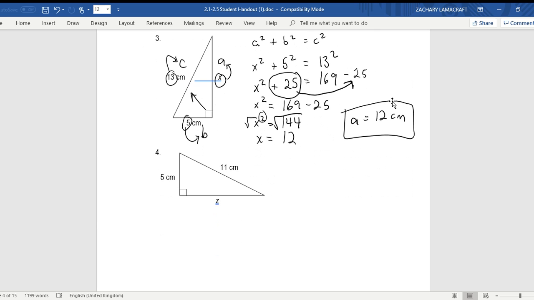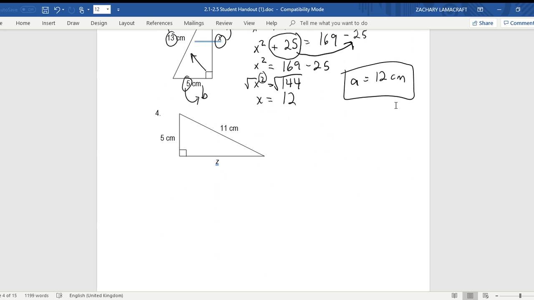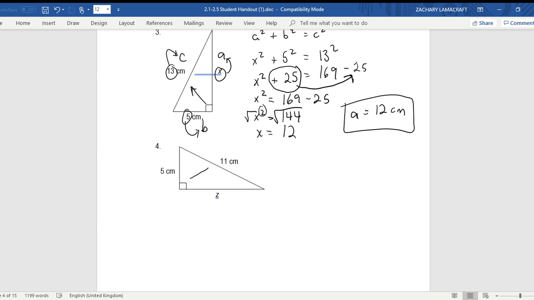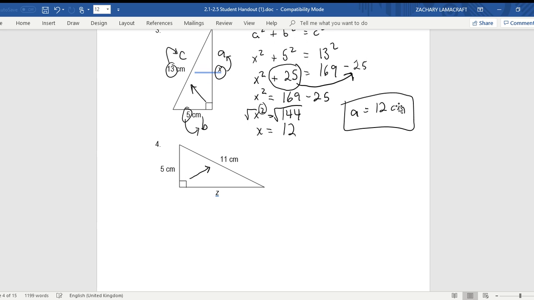All right, now the last one here. Once again, our job is going to be to assign values here. So the side across from the 90-degree angle is C, or the hypotenuse. And then we'll just go A and we'll go B. And again, we're just going to sub in our values into each spot.